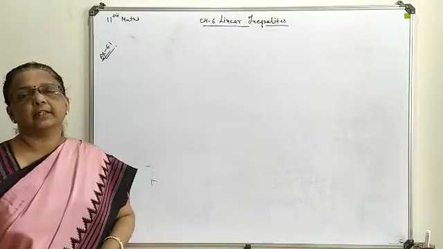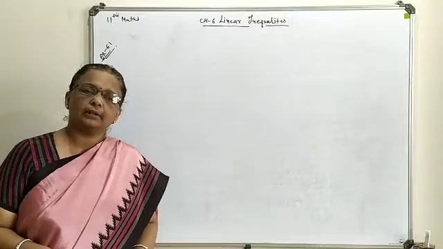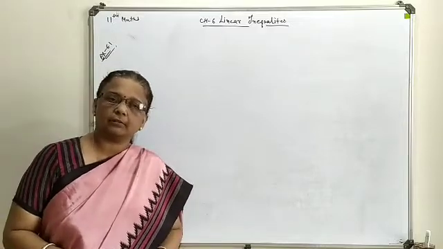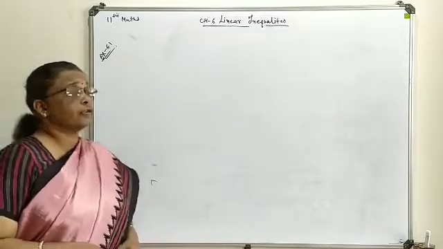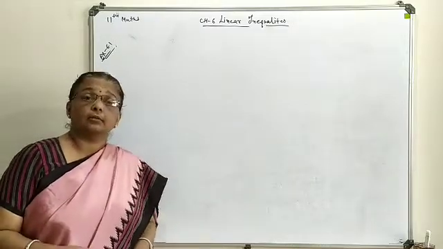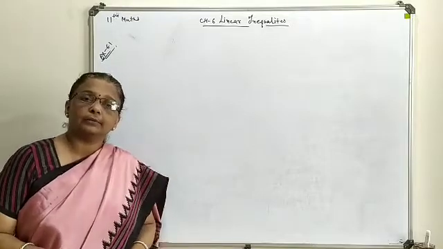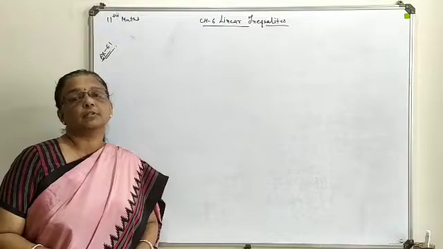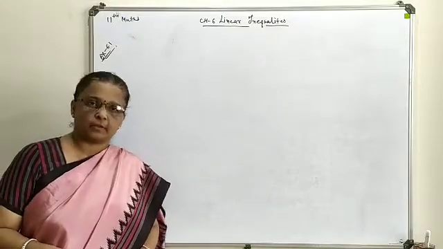Just for example, I am going to write one or two inequalities and their solutions, and then we will start with a particular form. Instead of only finding the solution regarding x, one more thing you have to use: presentation of the solution on a number line scale or a graphical presentation.